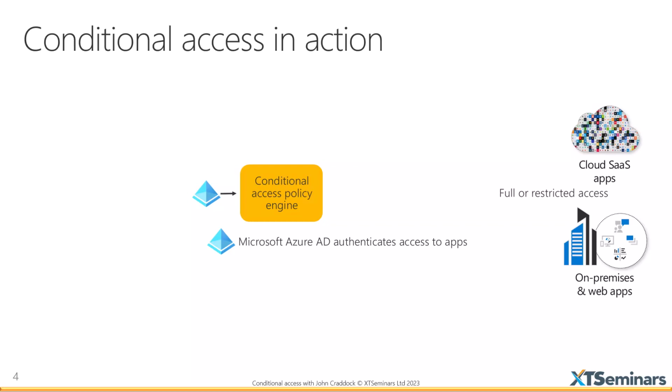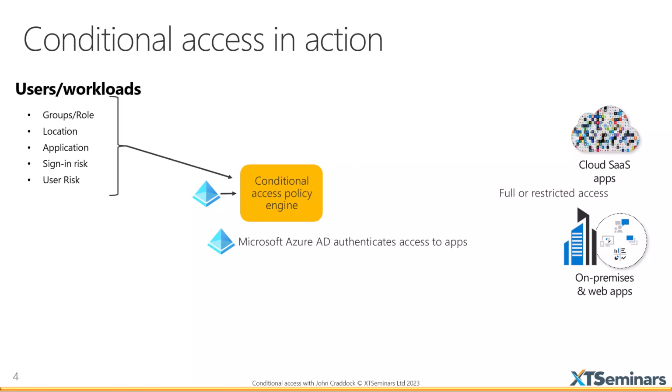And that policy engine is going to make a decision as to whether we allow the user or the workload identity access to a particular application. And it takes into account a whole range of signals. Now, I'm not going to go into the details of those signals in this particular video. For those details, watch my Azure AD Conditional Access, the Gateway to Zero Trust video.